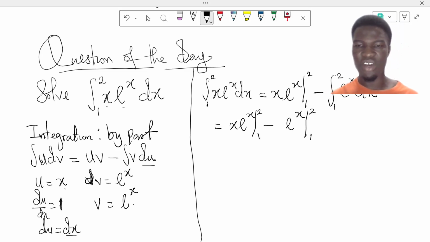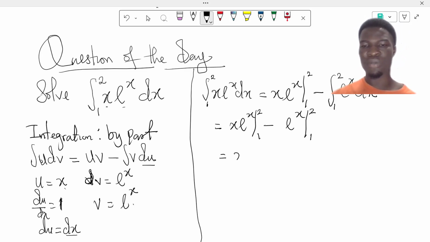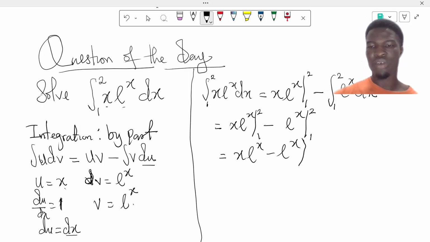Since they have the same limits, I can write this as x exponential x minus exponential x, in brackets, on 1 to 2.